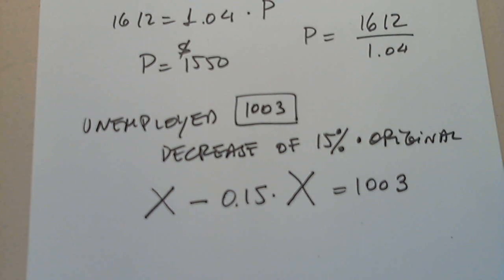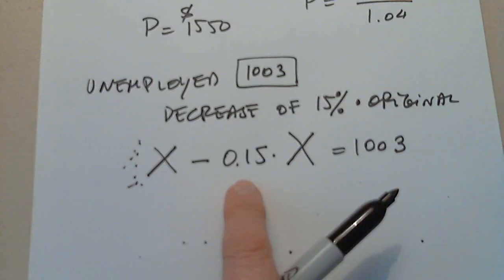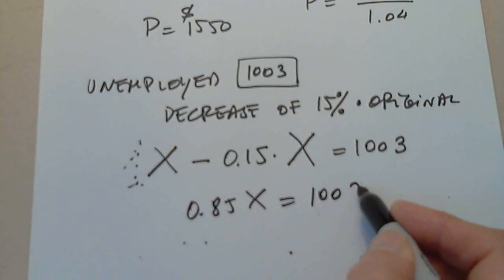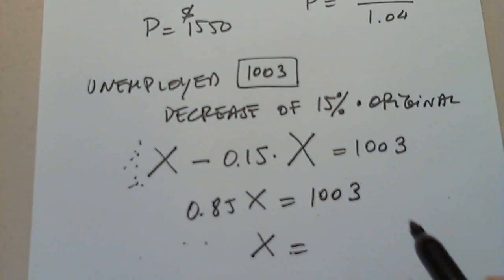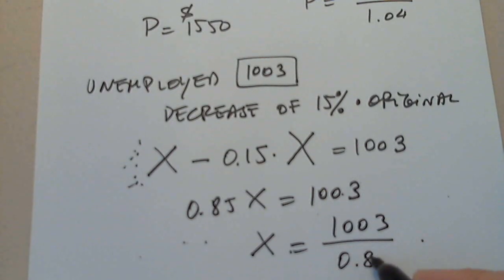How many residents were unemployed in the previous month? Good. Again, this is an easy issue because I have 1 minus 0.15, which is 0.85x equals 1,003. And now I can find x by dividing 1,003 by 0.85.